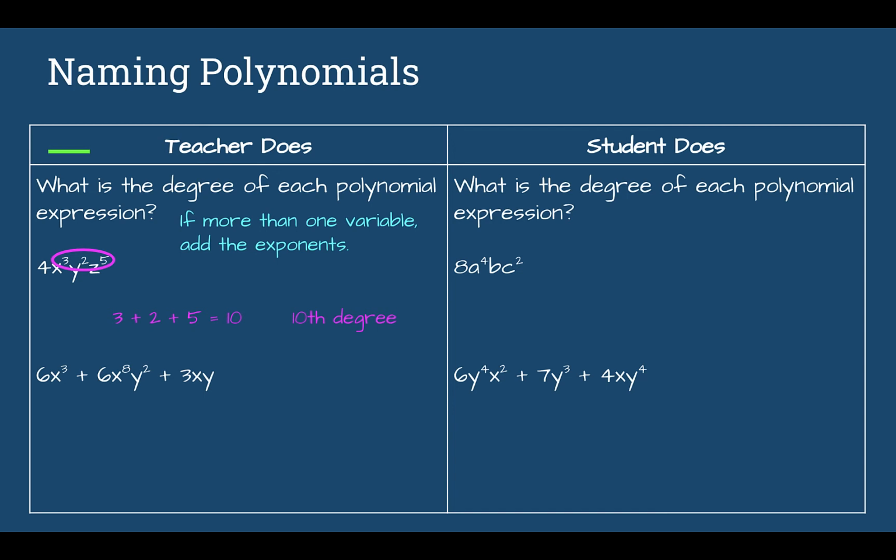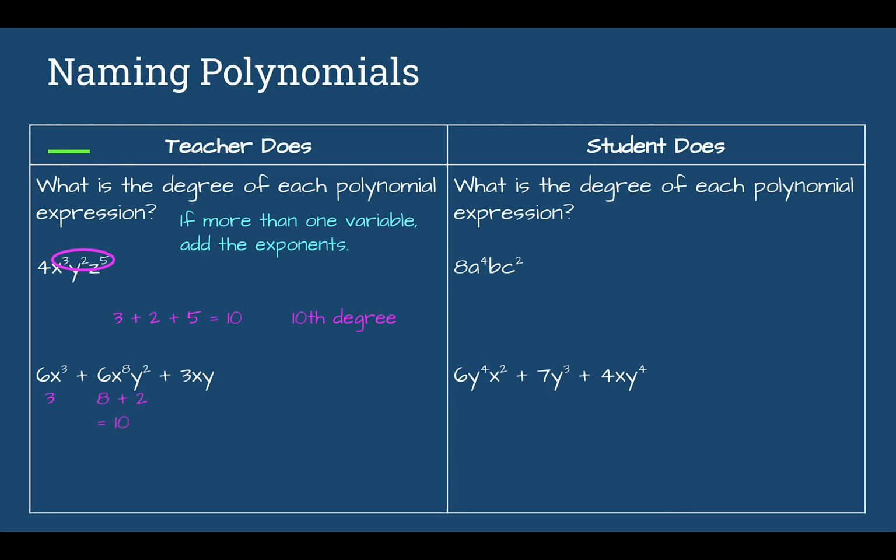So to determine that, let's figure out the degree for each term. So first one, we have 6x to the third. There's only an x there, so I'm just going to take that 3. That is a third degree part of this trinomial. If I look in the middle term, I have x to the 8 and y to the second.